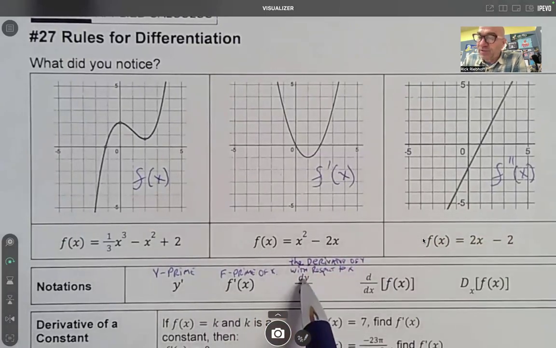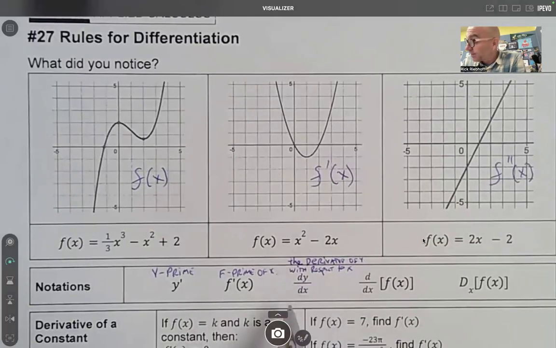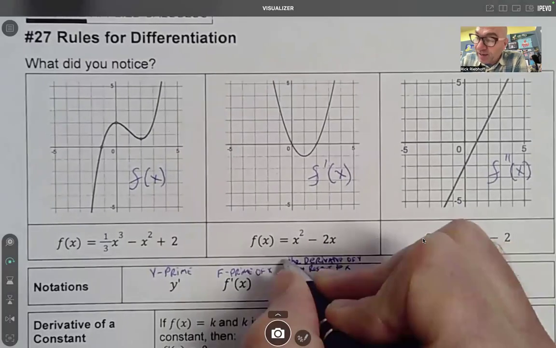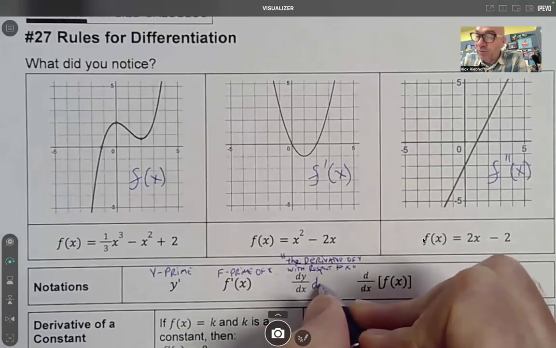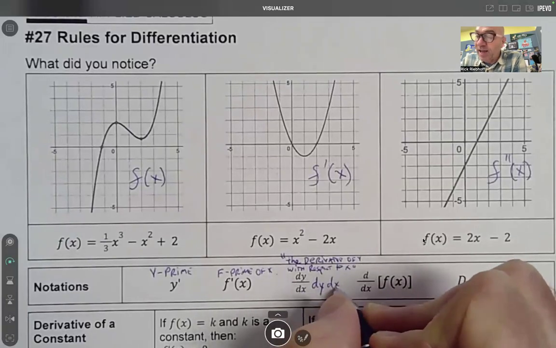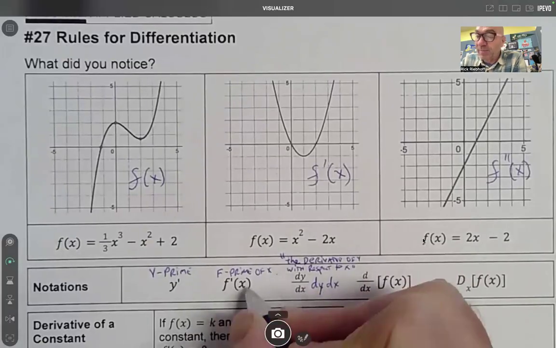So dy over dx. Some people say dy dx. So sometimes you'll see that. Technically, you would say the derivative of y with respect to x. But a lot of times we just say dy dx. But this means the same as this.